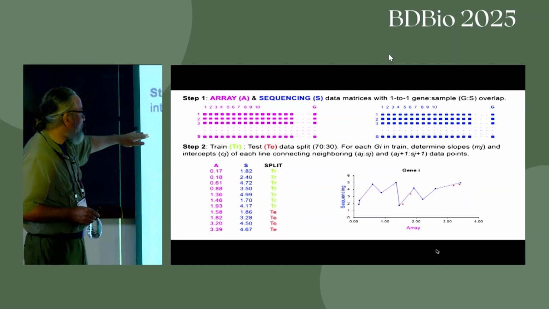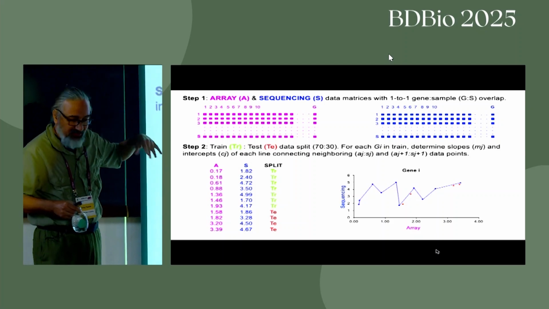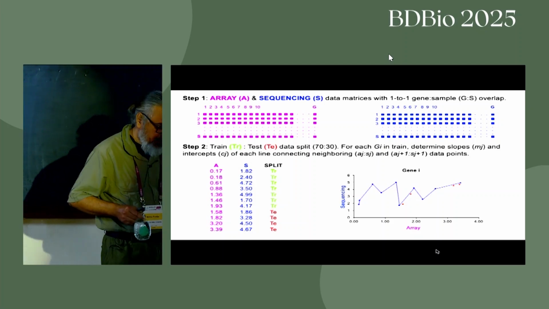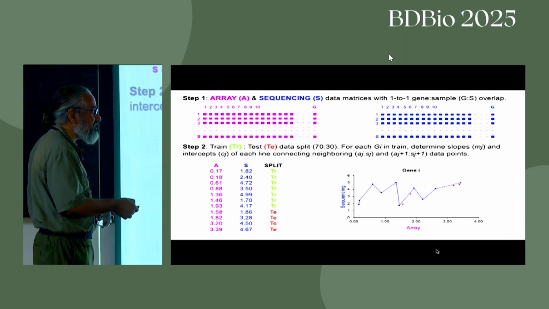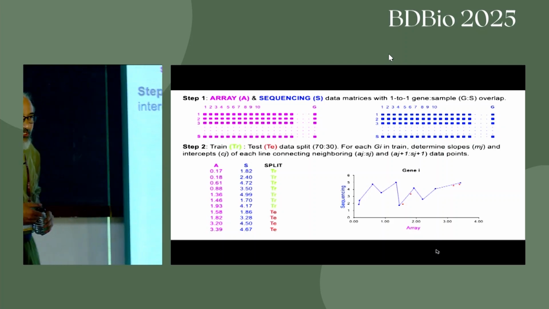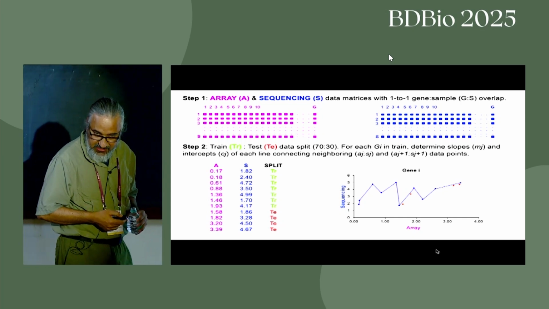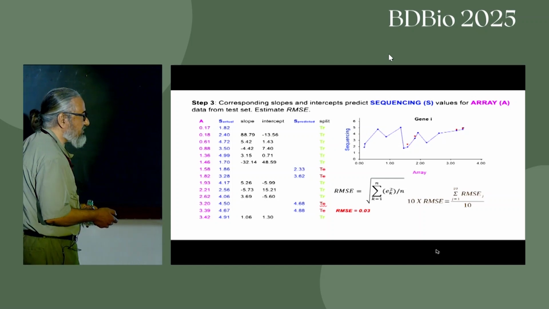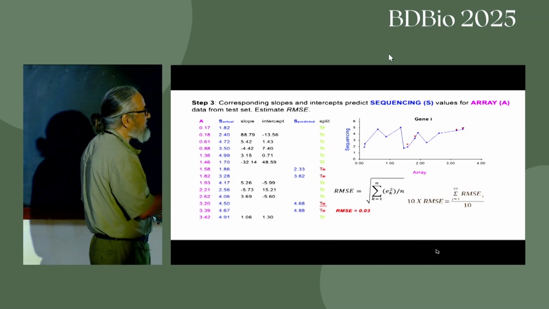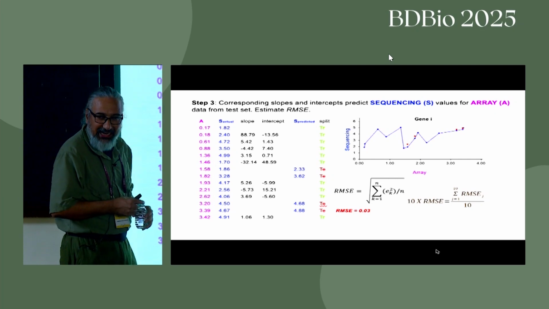In that case, what we do is a split, in this case a 70-30 split, where we have array data in one axis, sequencing data in another axis, and we are trying to join the nearest neighbor, as people do in phylogeny. In the next step, what we do is very simple. We estimate the slope and the intercept for each point.